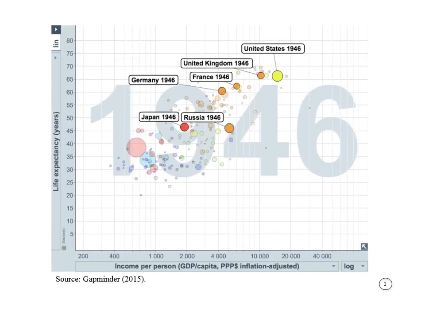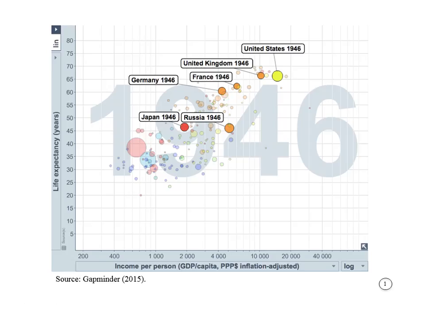Let's look at the income levels right after World War II. Unsurprisingly, the United States has the highest income per capita, relatively unaffected by the war. Then the United Kingdom, France, and Germany, which is completely devastated by the war.